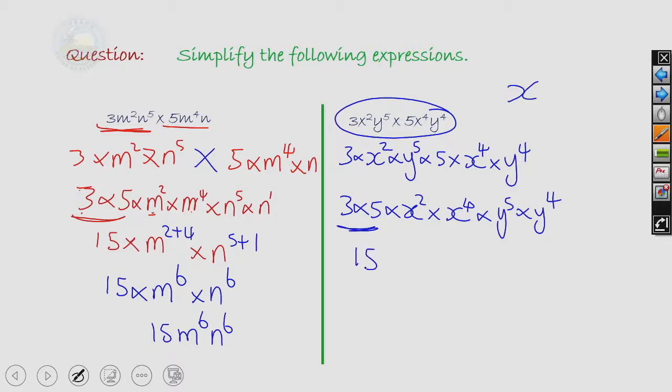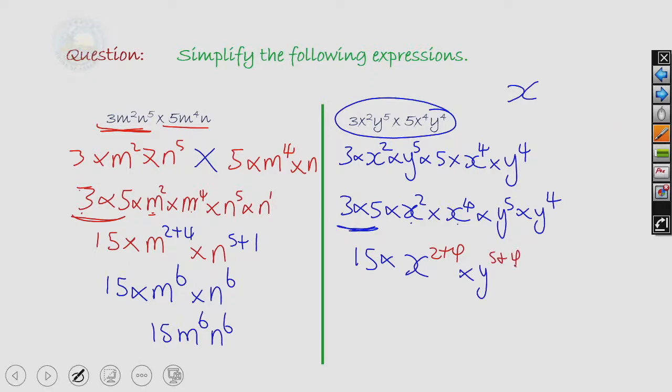So it's 15 multiplied by x squared multiplied by x to the 4th power. Once the bases are the same, we add the powers. So it's going to be x to the, adding my powers here, 2 plus 4, multiplied by y to the, again we are adding our powers, 5 plus 4.